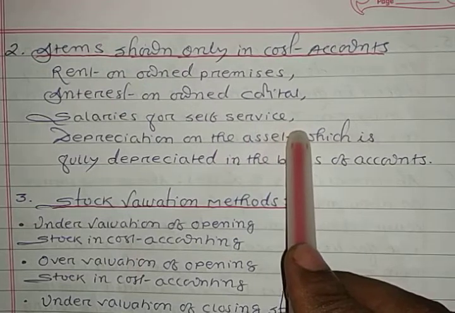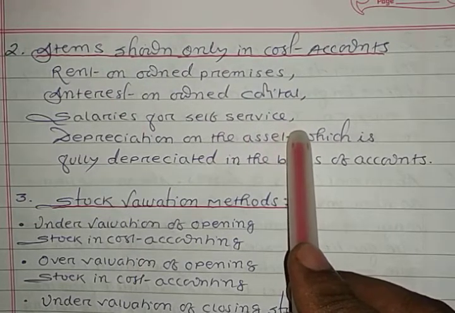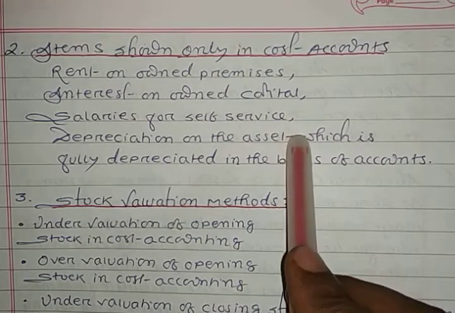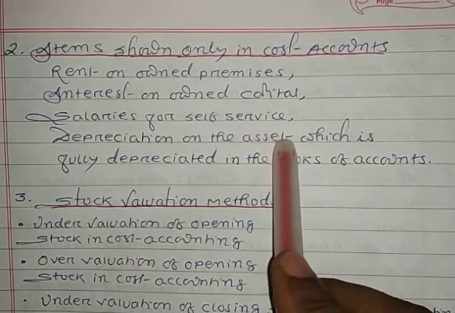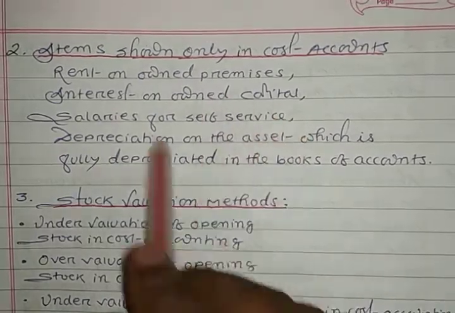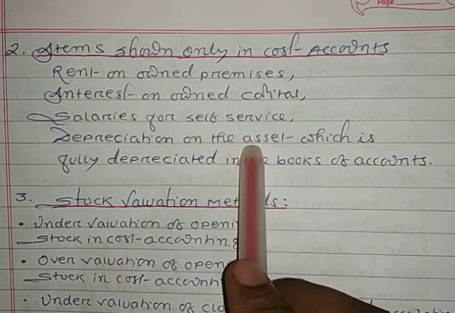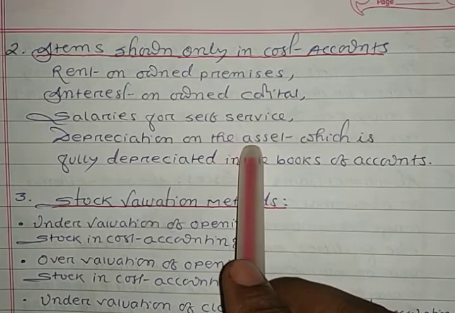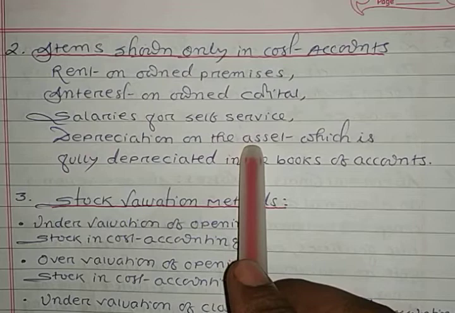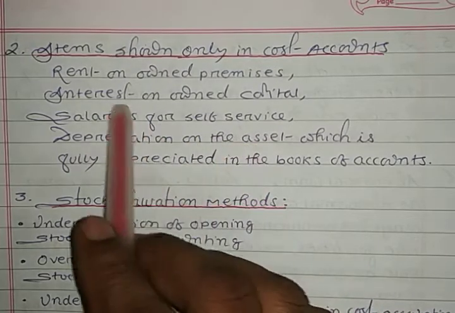Notional, N-O-T-I-O-N-A-L, notional charges. I have already explained notional charges in my previous classes. Such items do not find place in financial accounts. They are recorded only in cost account records, not in financial accounts.